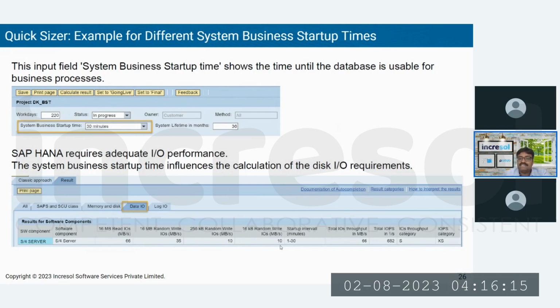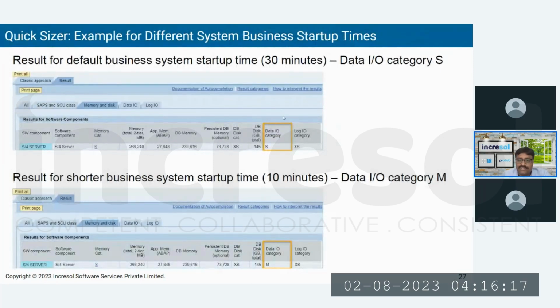If you want to reduce this from 30 minutes to 10 minutes startup time, then the disk IO should be improved, because the faster the data is loaded to the RAM, the faster the DB will be ready for consumption by the application. Then the data IO category changes from XS or S to medium. So this parameter plays a crucial role.